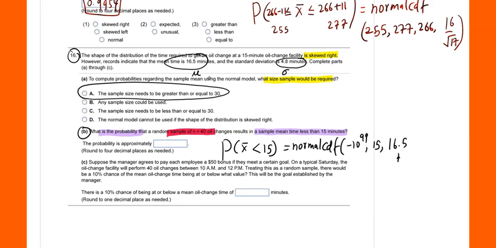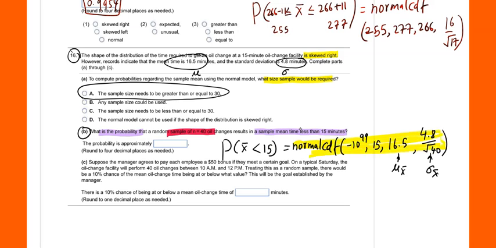Remember that this is mu of X bar, but that's the same as mu, so we use the same number. But here we're using the standard deviation of the sampling distribution, which is sigma of X bar. Sigma of X bar is not the same as sigma, but it is sigma divided by the square root of n. What's the value of n? 40.